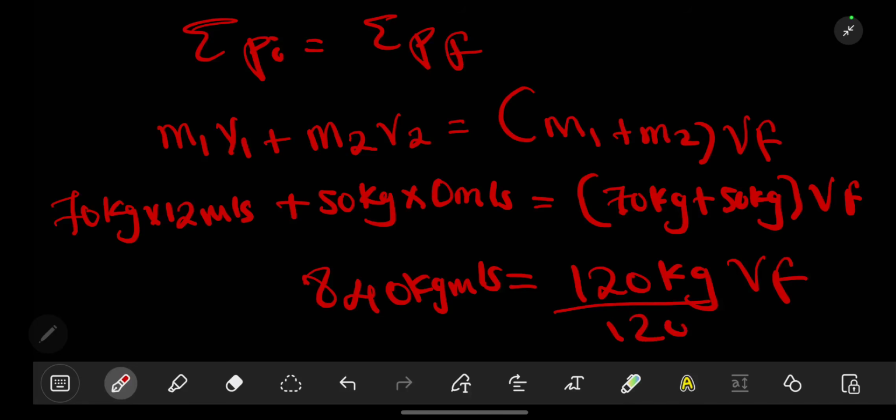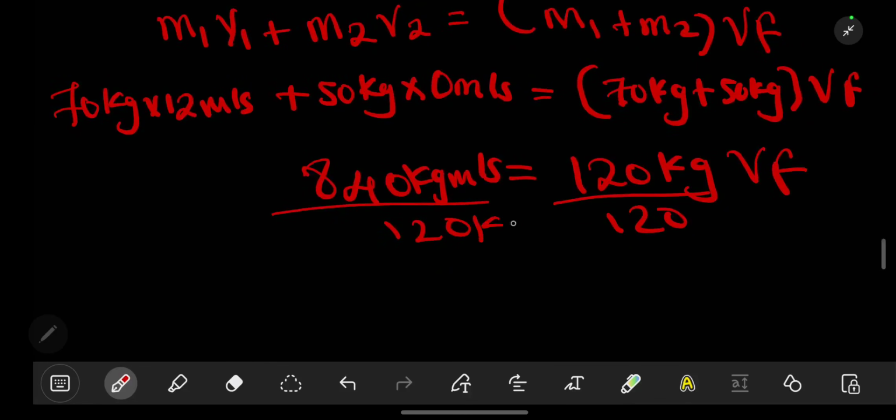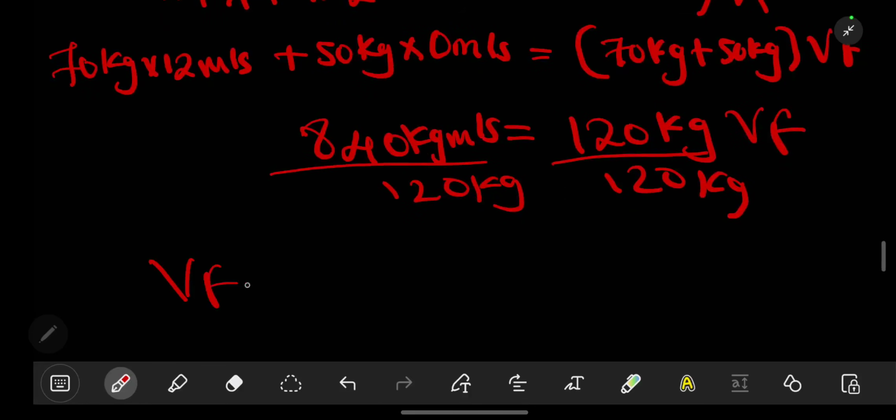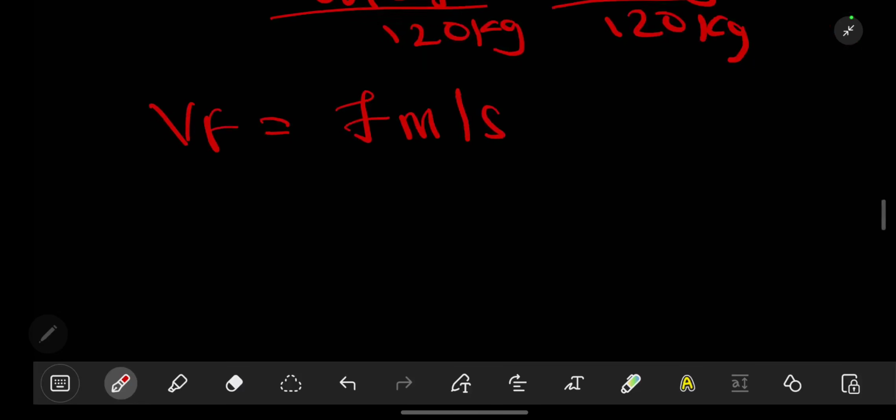We divide by 120 kg, so V final will be equal to 840 divided by 120. This gives us a value of 7 meters per second. So this is the velocity of the two.